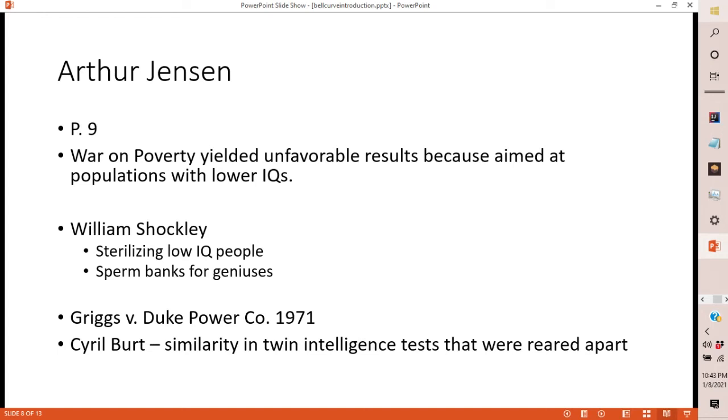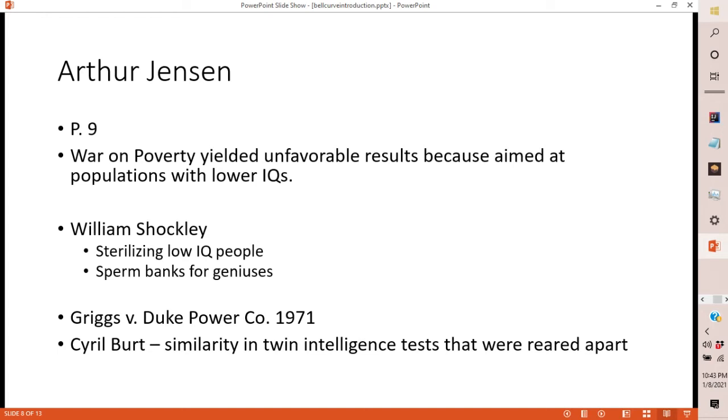Let's go to page 9 because we get introduced to this guy, Arthur Jensen. In 1969, Arthur Jensen, educational psychologist, expert on testing from UC Berkeley, put a match to this volatile mix of science and ideology with an article in the Harvard Educational Review.